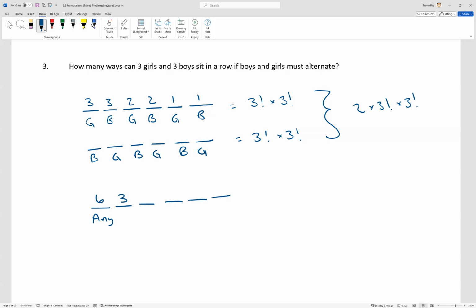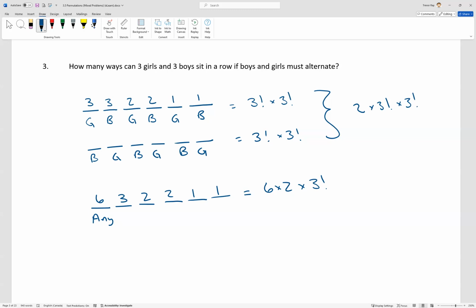Once you've done that, you basically end up with 2 of the same gender as the first person, 2 of the same gender as the second person, 1 that's the same as the first, 1 that's the same as the second. And what that's going to give is 6 times 2 times 3 factorial.